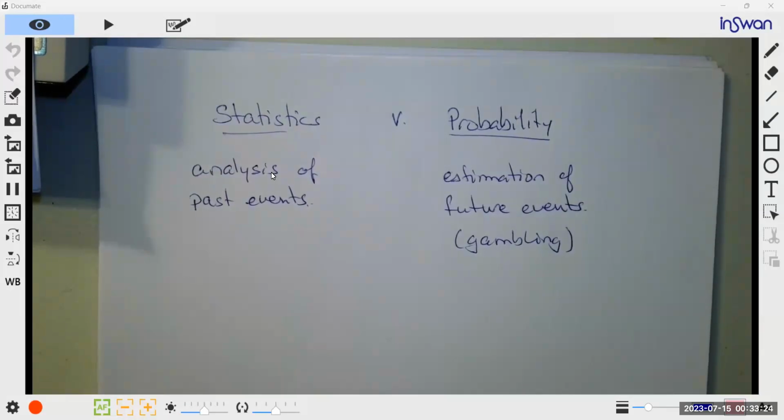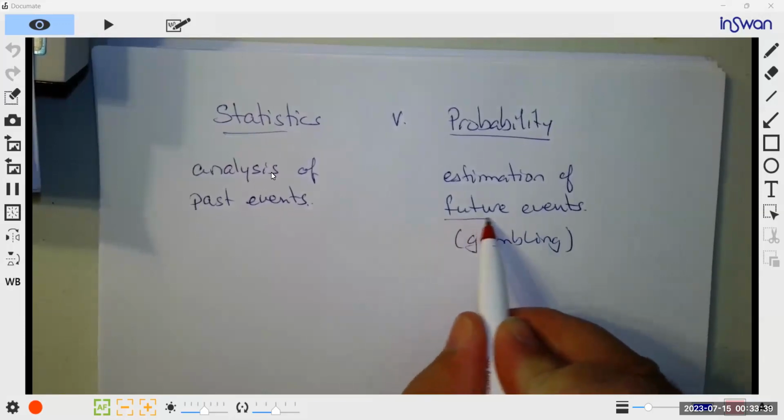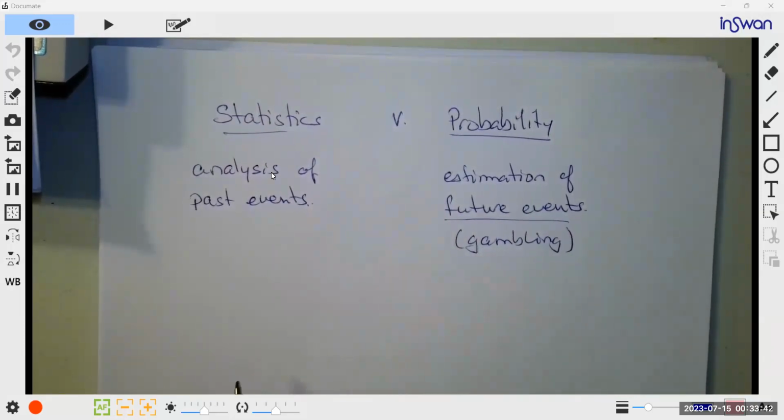What the commentators always talk about is, well, according to the records between these two teams, this team has, say, a 30% chance of beating this one or 70% chance. So again, they're taking guesses about the future based on past events. All right, so those are the differences of the two.